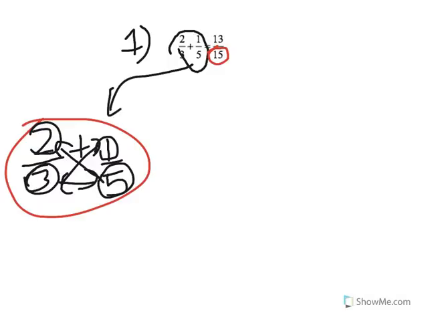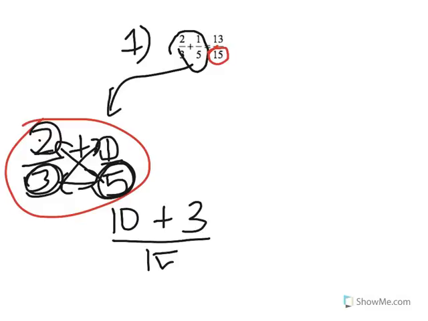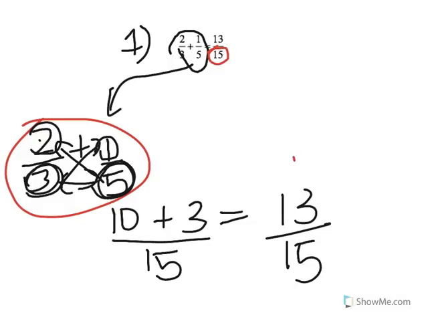So let's do it. 5 times 2 is 10, 3 times 1 is 3, so 10 plus 3 is 13, and then over 3 times 5 is 15. So this becomes 13 over 15, and hence you've proved this side.